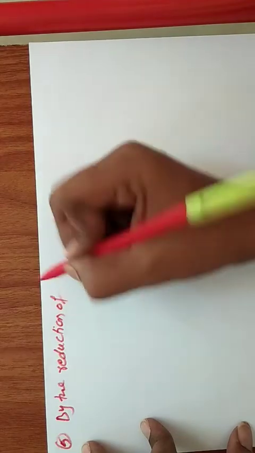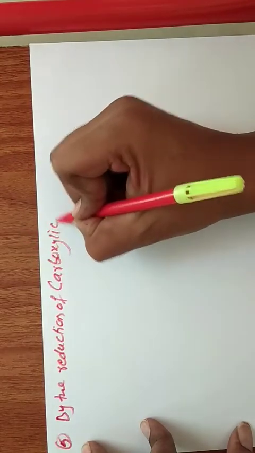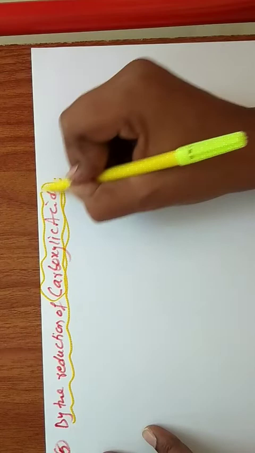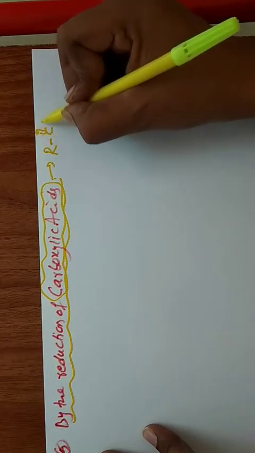Now we will discuss reduction of the carboxylic acid. What is the carboxylic acid functional group? Basic point: R–C=O–OH. Yes or no? So carboxylic acid.